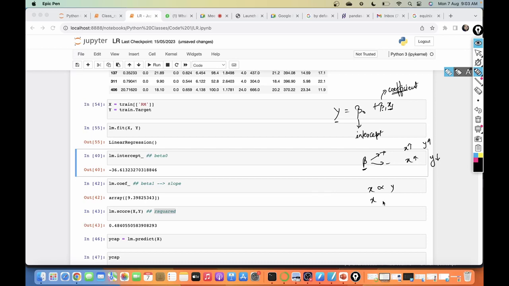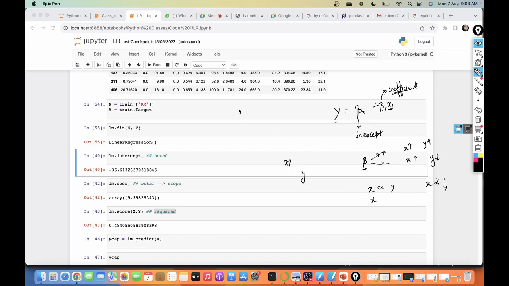If it is negatively related, inversely related, then in this proportionality there is a corresponding constant value. That is how the equation should be satisfied. It also means that if x increases by one unit, y increases by beta.